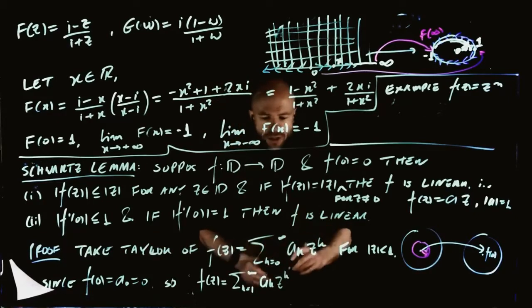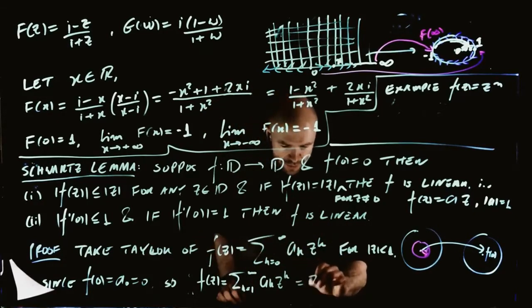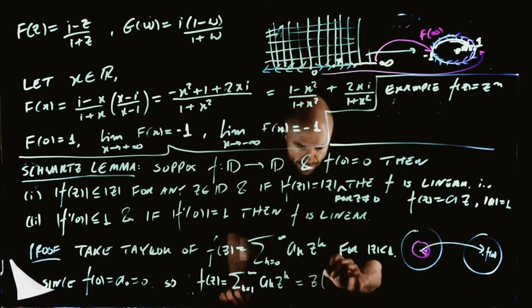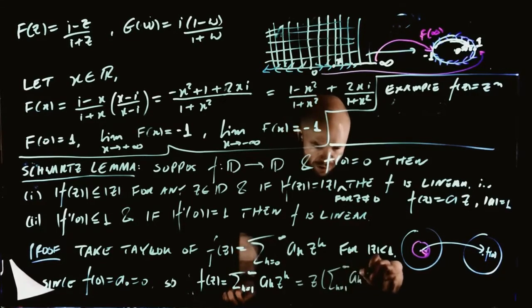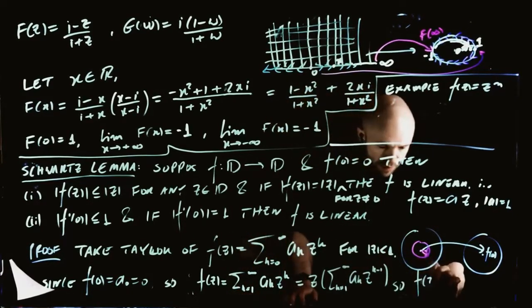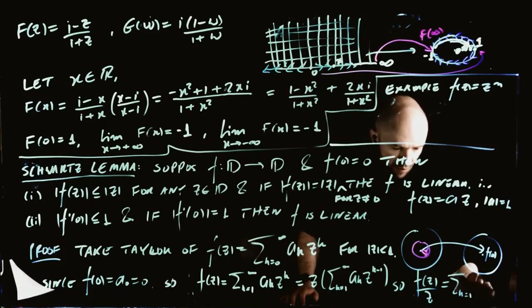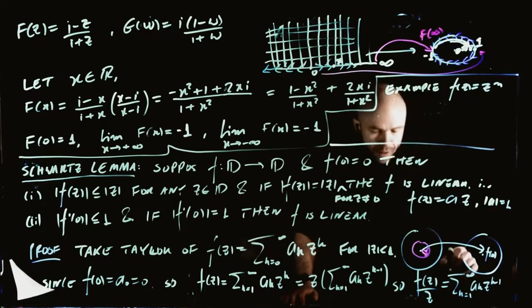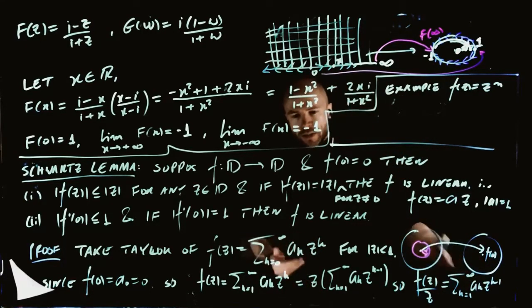Which in particular means that we can factor a z out, leaving z to the k minus 1. And so we have f(z) over z is the sum from k equals 1 to infinity of a_k z to the k minus 1. And again, this will converge inside the unit disk.